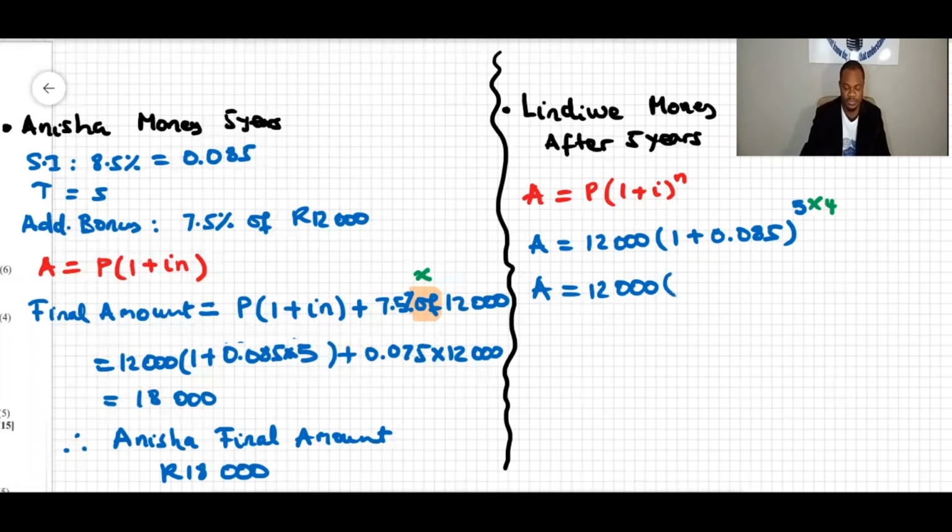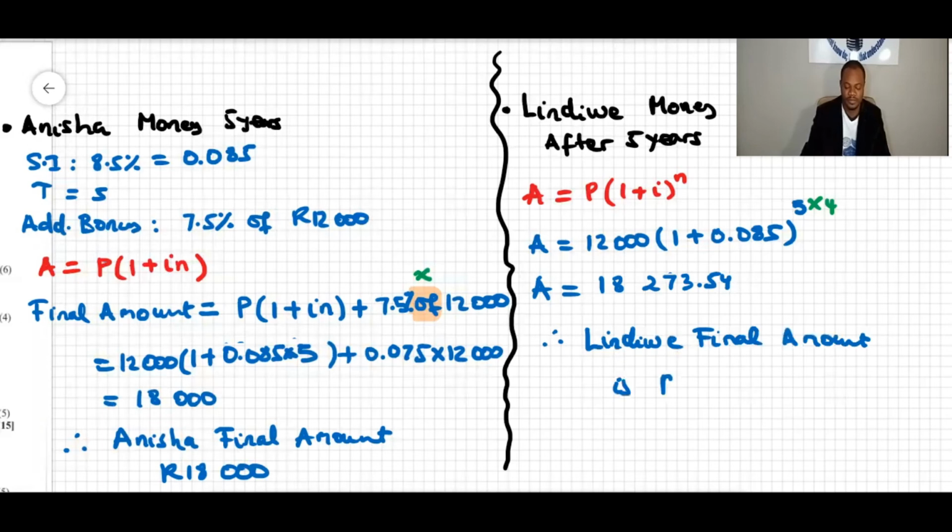So we can just press this in the calculator, and then we get 18,273.54. So therefore, Lindiwe's final amount is 18,273.54 rand.